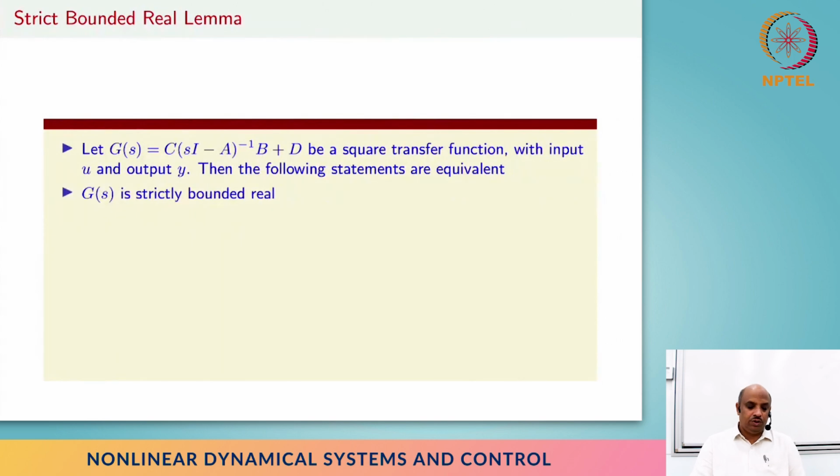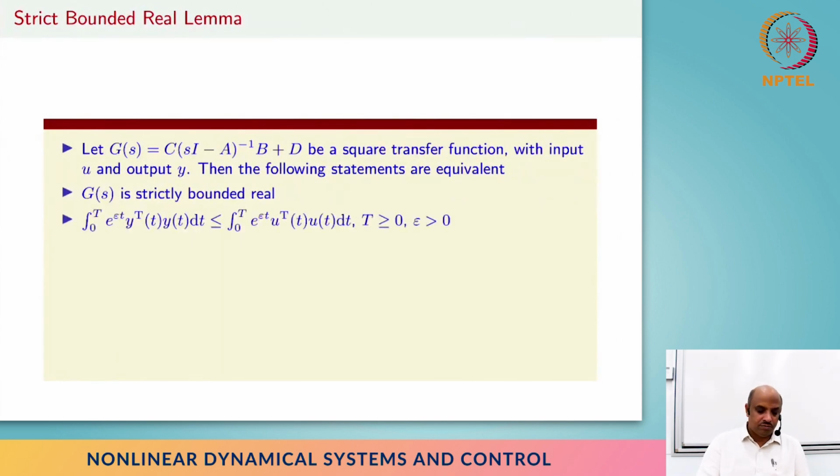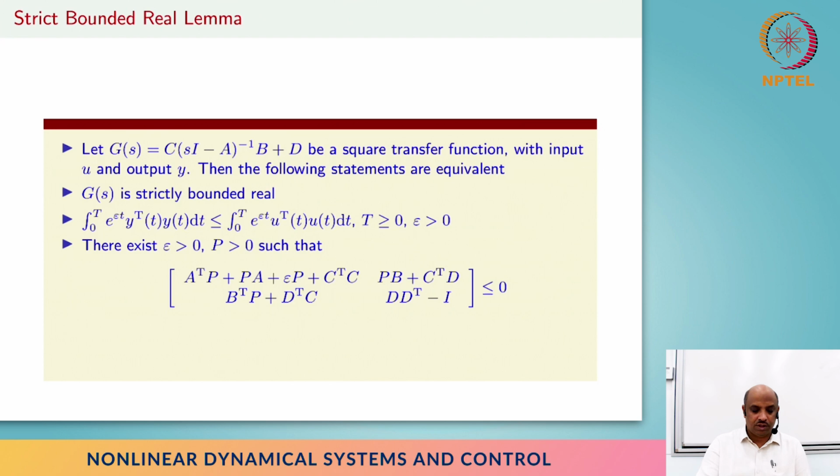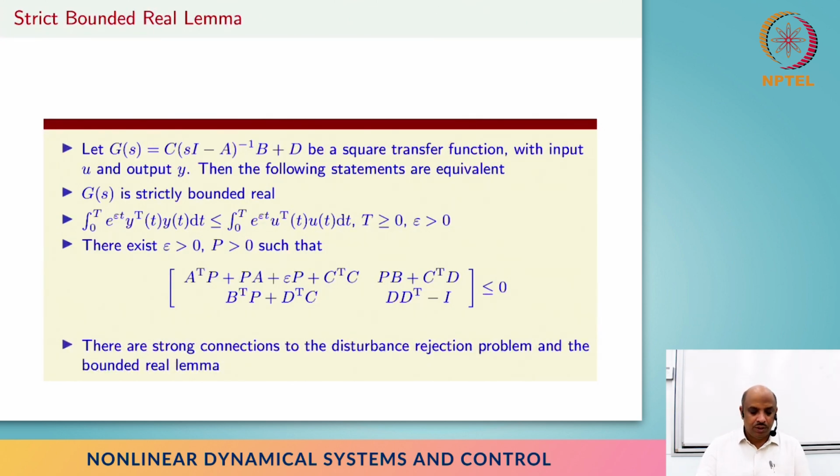And you have the strict version, and again, the only difference is epsilon comes into the picture everywhere, but beyond that, it's relatively straightforward, right? So anyway, like I said, a lot of the bounded real versions have a strong connection to the disturbance rejection problem, and we will look at disturbance rejection at a later time. It's very much intricately connected to robustness, right? Robustness is typically about unmodeled dynamics or unmodeled parameters and things like that.